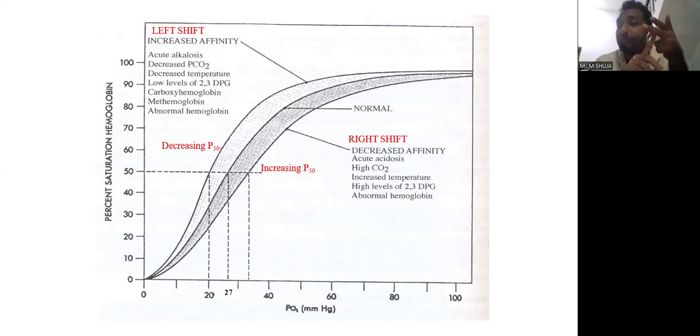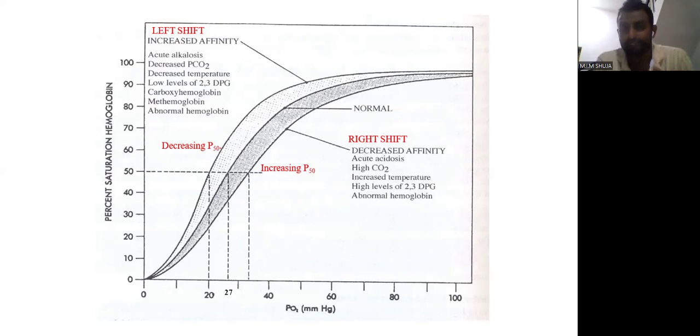When there is more H plus, there is acidity. Okay? When you are doing exercise, the 2,3-DPG also increases. So right shift occurs with acidosis, high carbon dioxide, increased temperature, high level of 2,3-DPG, and another one is abnormal hemoglobin.